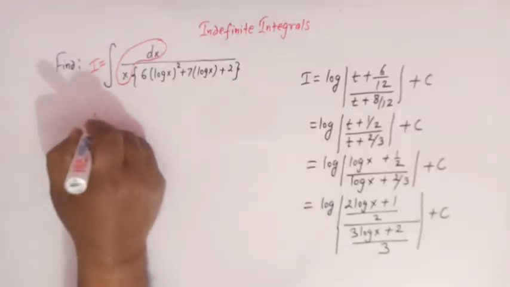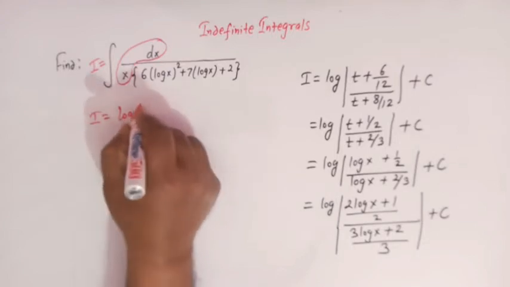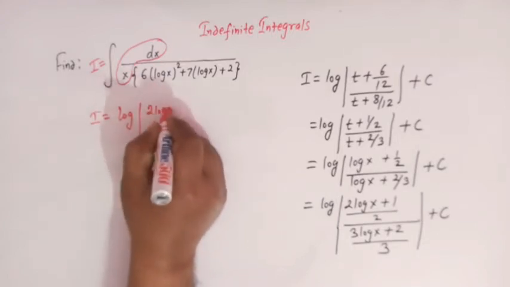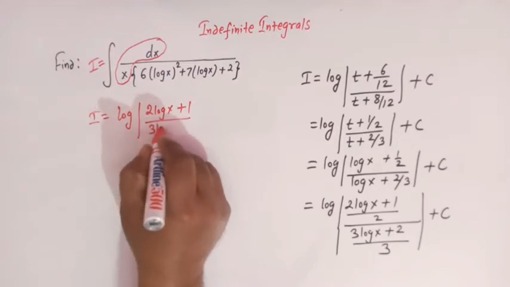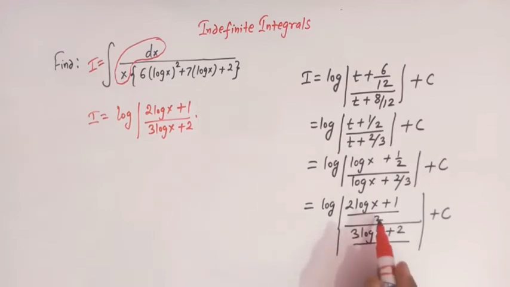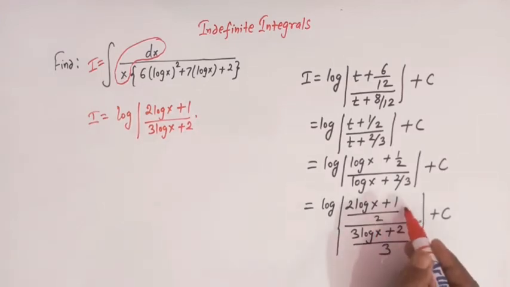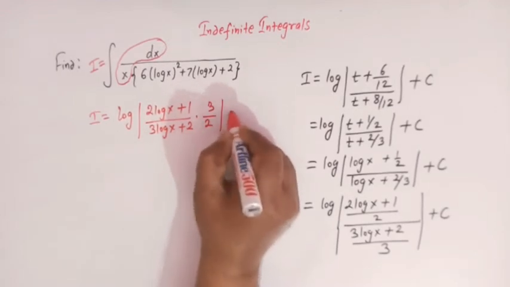So now I can be further written as log of 2 log x plus 1 over 3 log x plus 2, and these two terms, this 3 will go to the numerator, and we have 3 over 2, right?